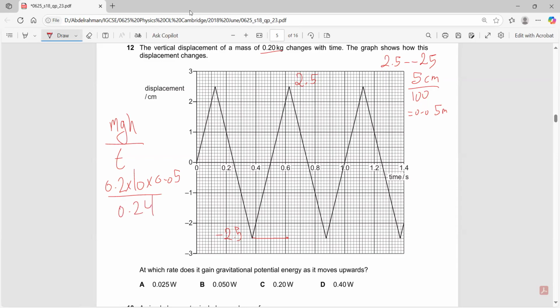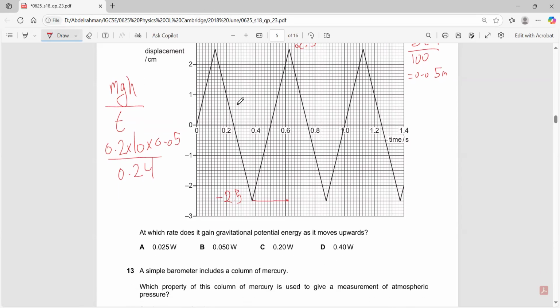Okay? If you calculate this power, actually it would be 0.2 times 10 times 0.05 divided by 0.24, giving you 0.41, or basically 0.4 watts. Okay, this is the power used by this object.